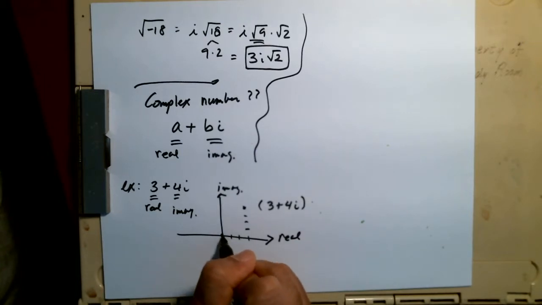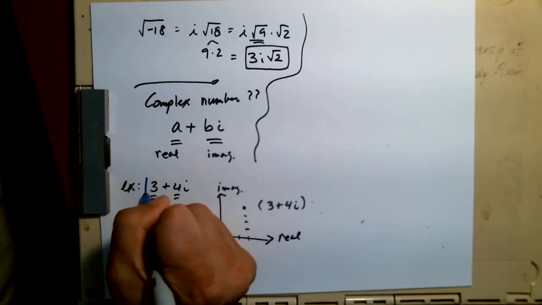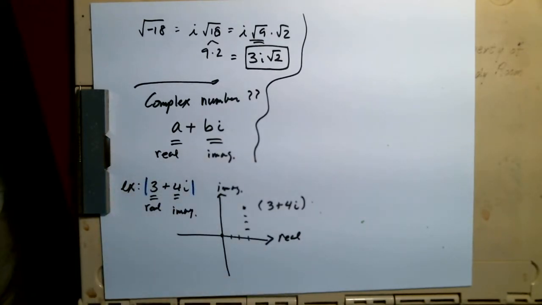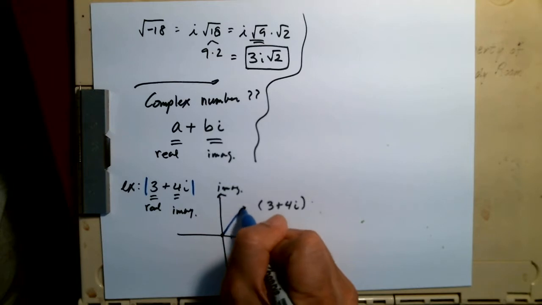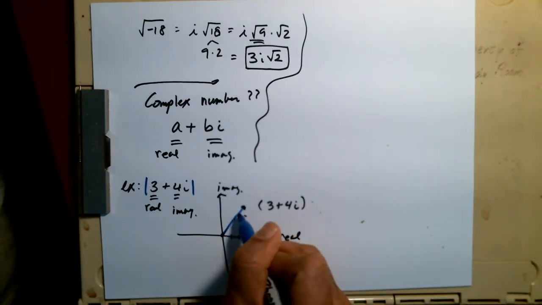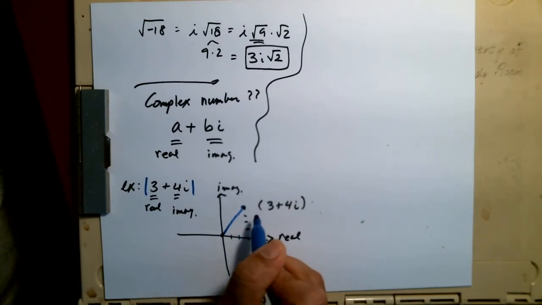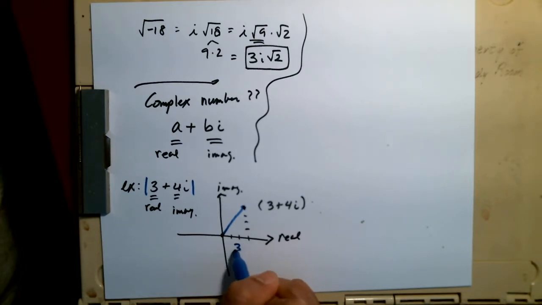And then to find what's called the absolute value of that, by definition, the absolute value is the distance from 0 to that number, correct? So we want to find the absolute value of that, which is the distance from the origin to 3 plus 4i. You go 3 in the x direction, you go 4 in the y direction.